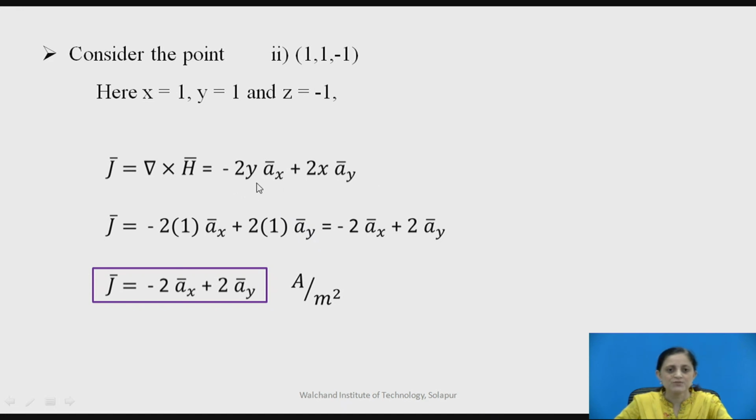Now you can put y equal to 1 and x equal to 1 in this equation. So by putting these values, you can find out the equation for j bar at this point 1, 1, minus 1. Here you are getting the equation for j bar as minus 2 a bar x plus 2 a bar y, and the unit for the j bar is ampere per meter square.